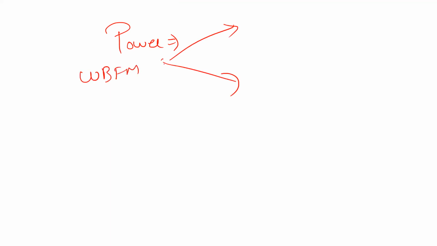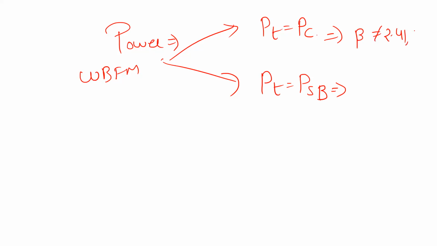Now, power. What is the value of power? There are two values of power in the case of a wideband system. PT is equal to PC, and PT is equal to PSB when beta is not equal to 2.405, 5.52, and here when beta is equal to 2.405, 5.52.